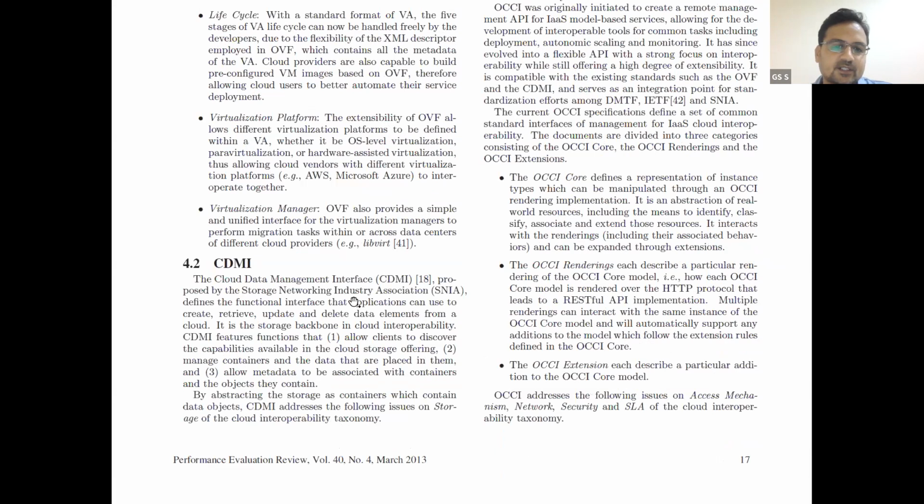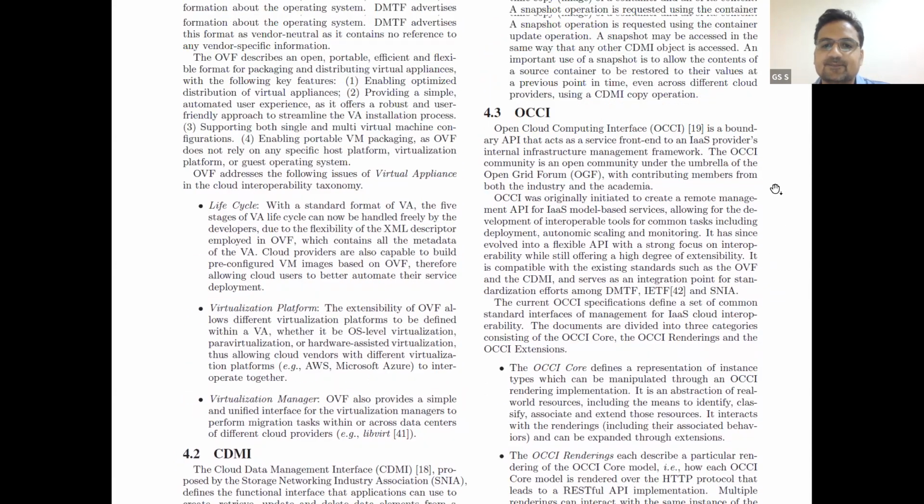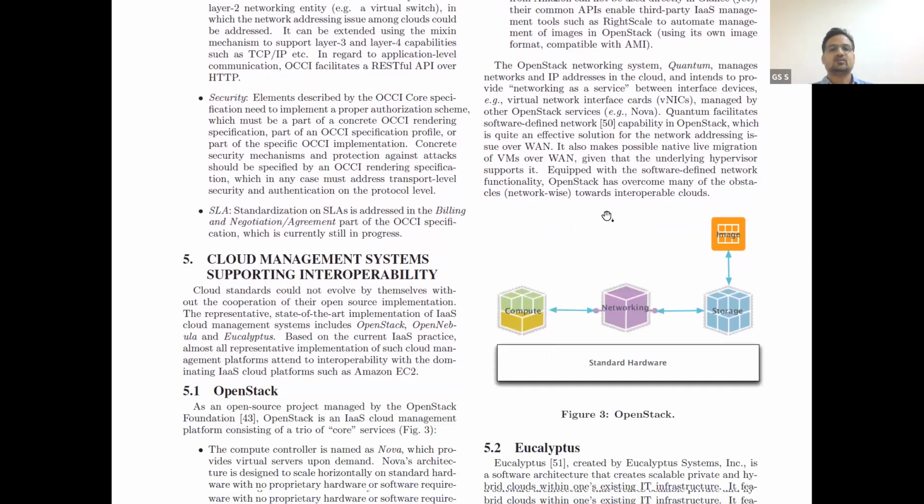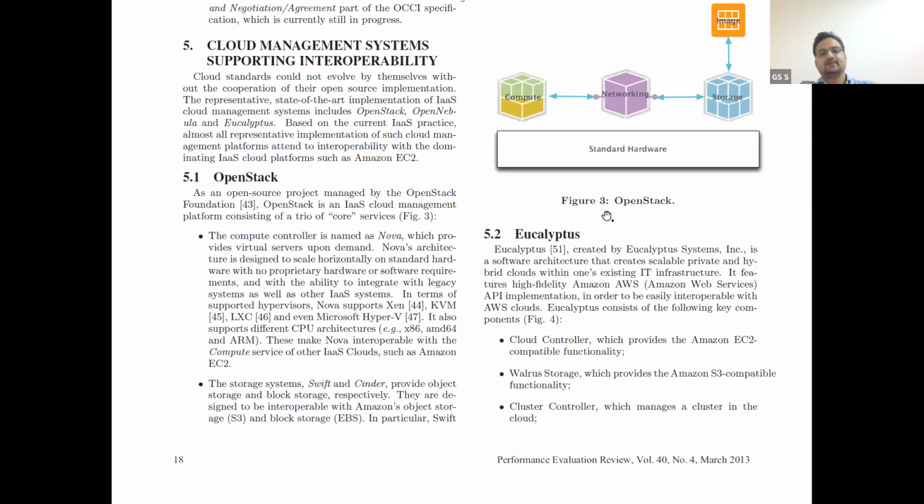The other important associations are known as CDMI, Cloud Data Management Interface, and OCCI, which is Open Cloud Computing Interface. They all work on interoperability, right? So IEEE, ACM, similarly, these are the organizations which work on these issues, on how we will provide interoperability.